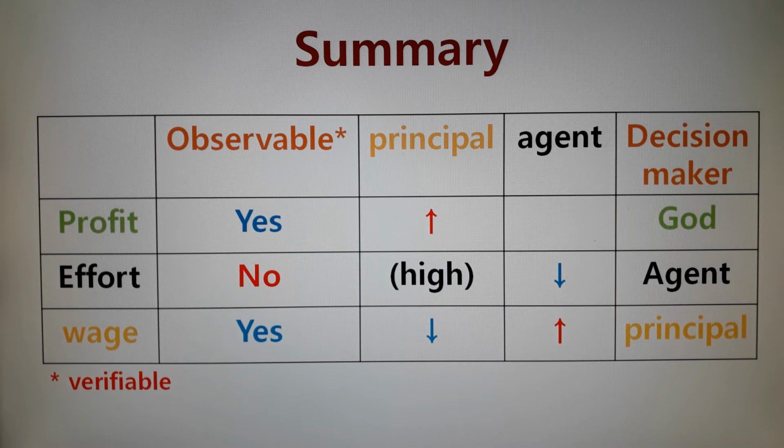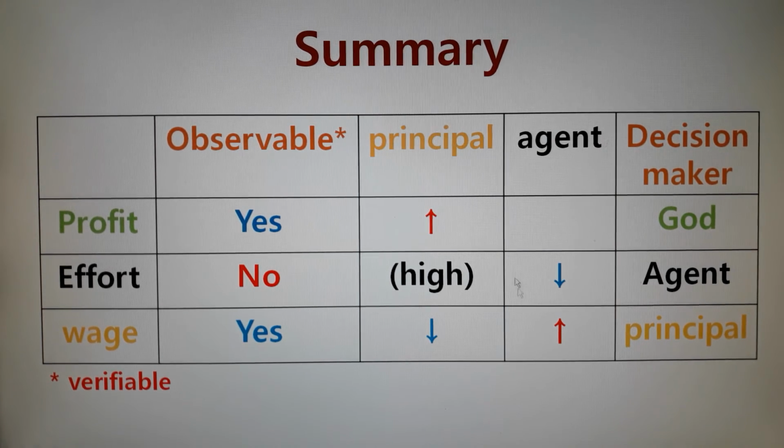So there is a probabilistic relationship between effort and profit. So the principal who wants a higher profit, that is his goal, would rather have the agent exert a high effort, but that is an indirect thing.